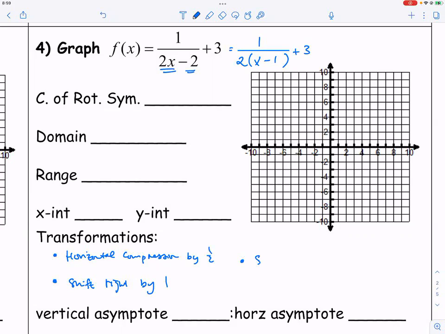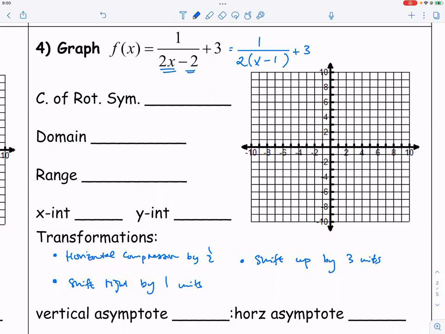And then there is also a shift up by 3 units. So again, whenever you see a number sitting in front of x, take special precautions.